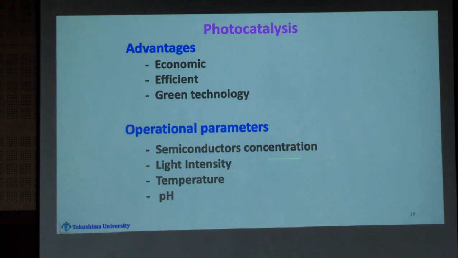Semiconductor concentration means how much photocatalyst you are putting into the water. For example, if you took 3 milliliter, 4 milliliter of contaminated water, and you put 1 milliliter of methyl orange, that is an organic pollutant. Now, how much percent photocatalyst will you put? 5%, 10%, 20%.